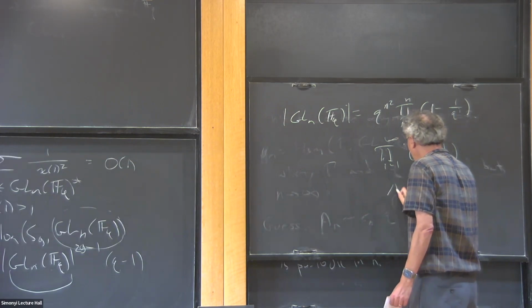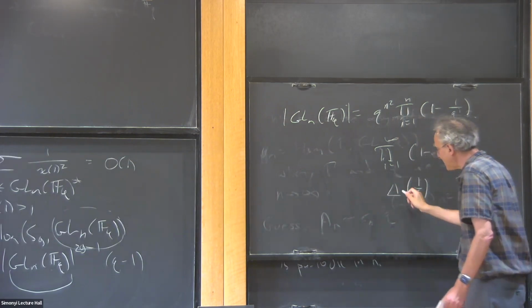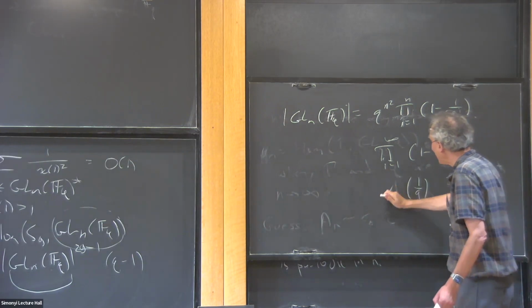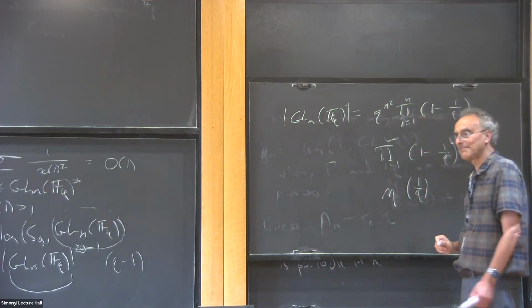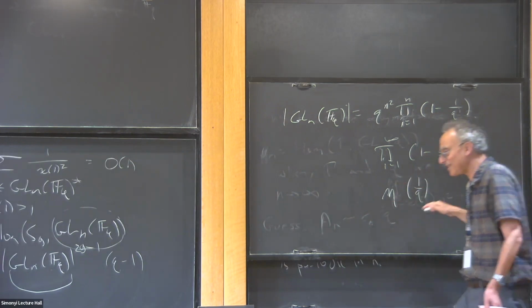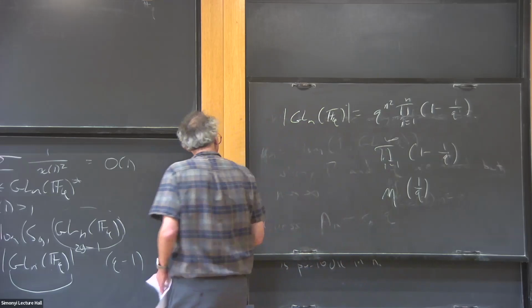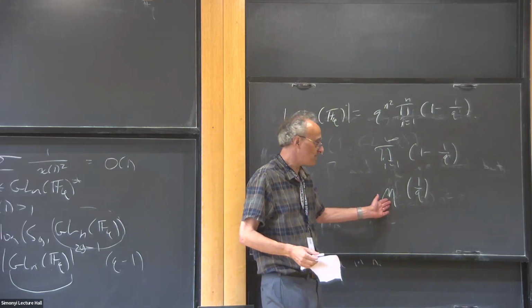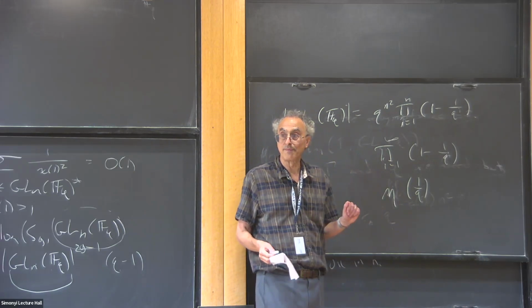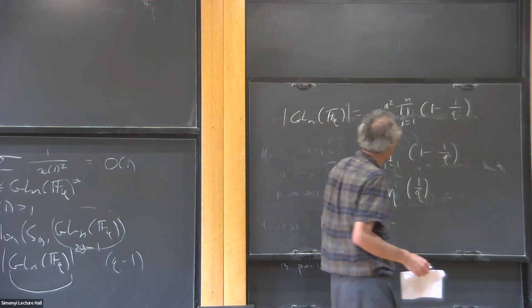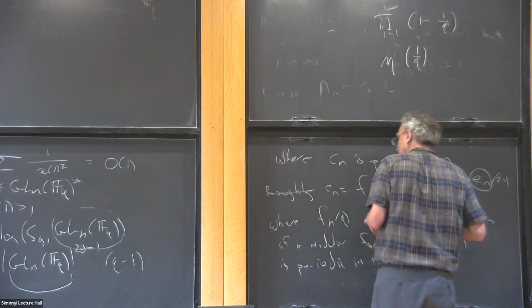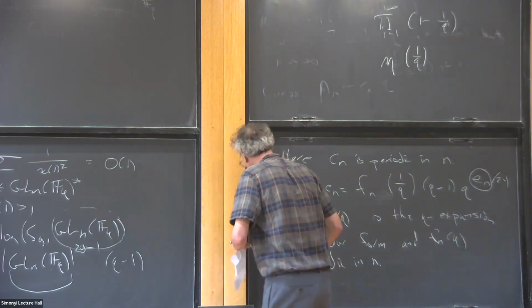That looks very much like eta of 1 over q, where eta is usually written as a function of z, so by abusive notation I'm writing it as if I'm just interested in its q-expansion. The only difference is a factor of q to the 1 over 24. This is one way modular forms appear. At the end of the talk, I'll explain if there's another way.